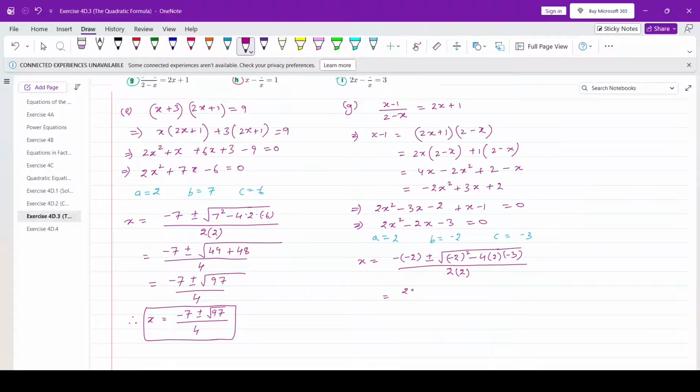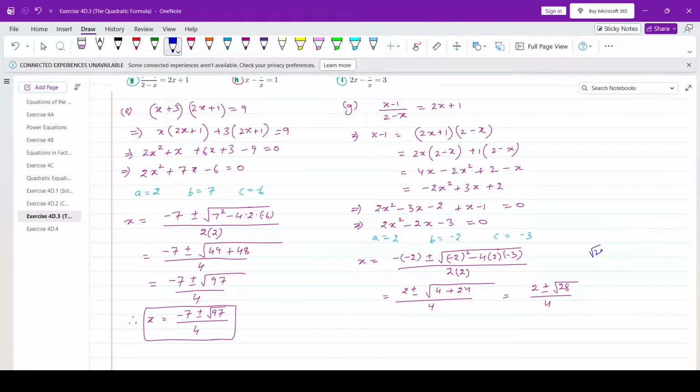So this becomes 2 plus or minus square root of 4 plus 24 divided by 4, and hence this becomes 2 plus or minus square root of 28 divided by 4.